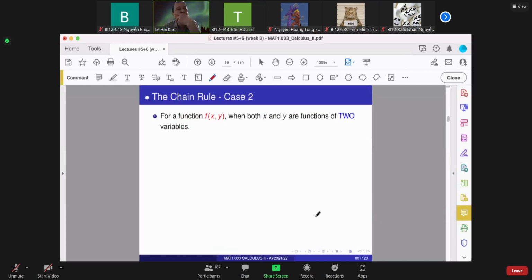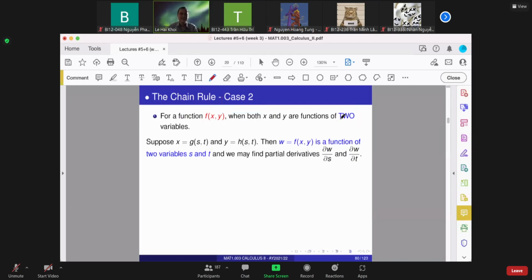Now, what happens if each variable of a function of 2 or 3, or several variables, is a function of several variables, not of one? For example, case 2, which means a function of two variables at the moment, x and y, and each of x and y is a function of two variables. x is a function g of s and t, y is a function h of s and t.